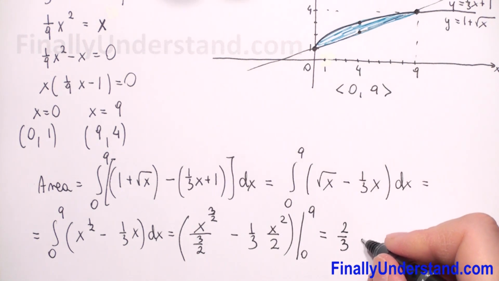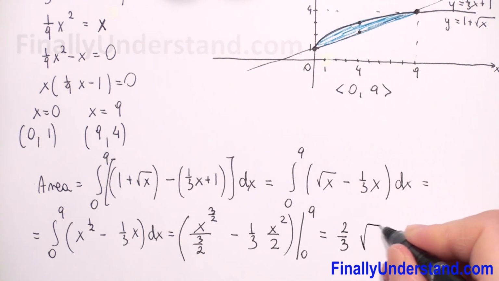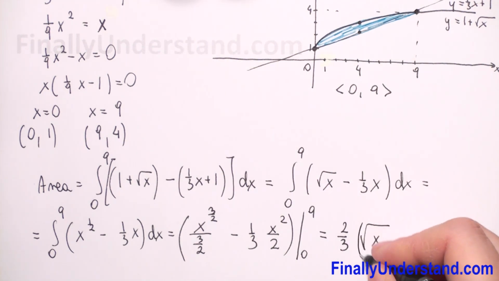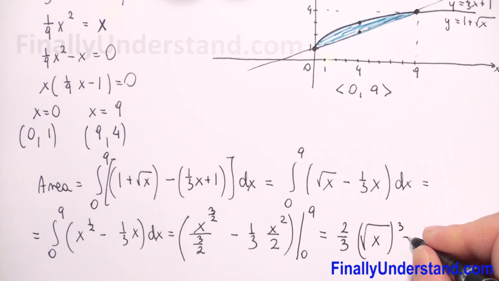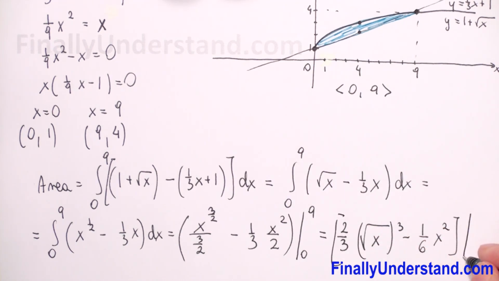We can flip the fraction in the denominator, so it will be 2/3 times x to the power 3/2, which is square root of x to the 3rd power, minus 1/6 x squared. Now we can plug in our limits from 0 to 9.